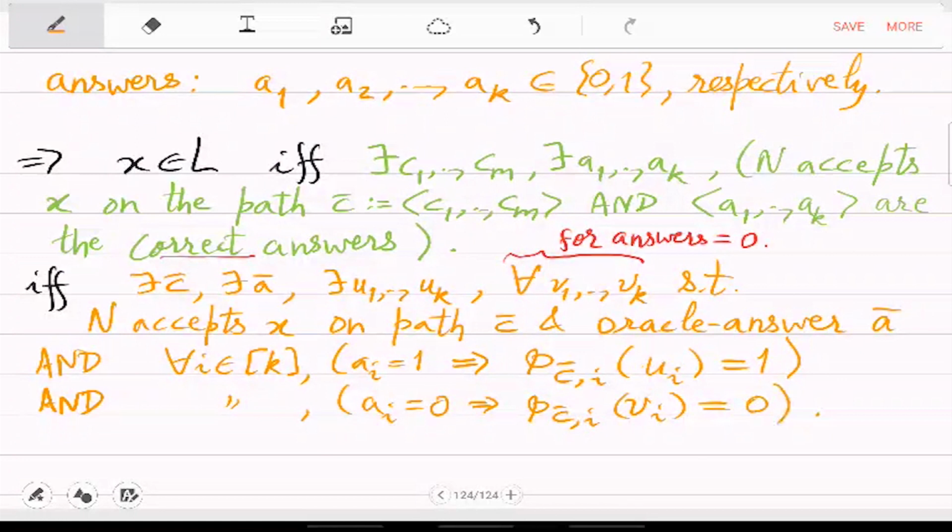But note that the Vi are quantified by for all. There is a for all on Vi. So that's a different demand. Every Vi should come to 0 if the answer Ai was 0, while Ui is quantified by there exists. So Ui is quantified by there exists, Vi is quantified by for all.